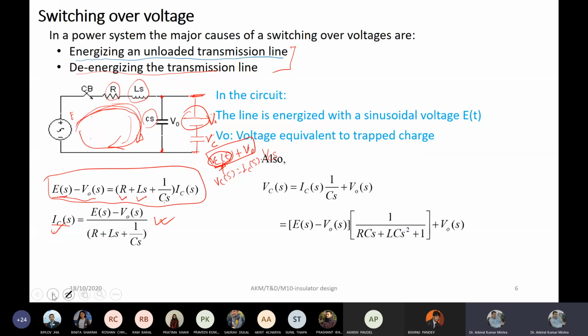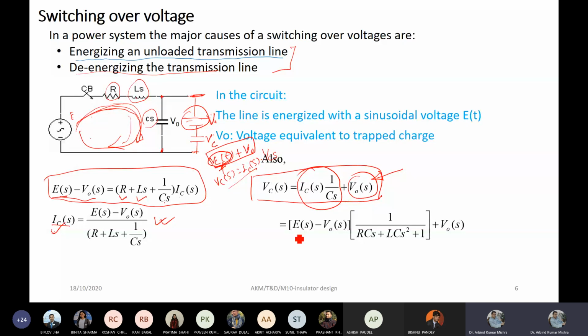So that's not a big difference. So we can write this expression. This is from this expression plus this is from the trapped charge, that is the initial condition, the voltage across the capacitor at the instant the switching occurs.